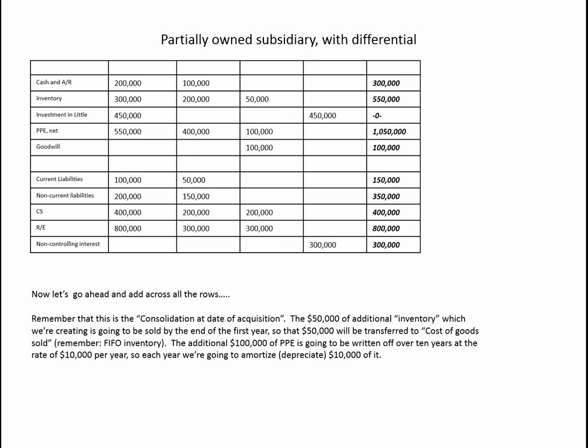So we're going to write up Little's inventory by $50,000, and then at the end of the year we're going to say, hey, that's been sold, and we'll transfer it to cost of goods sold. Similarly, the property, plant, and equipment is going to be increased by $100,000. That has a finite life of 10 years, so it's going to be amortized or written off over 10 years by an annual adjustment to depreciation expense of $10,000.